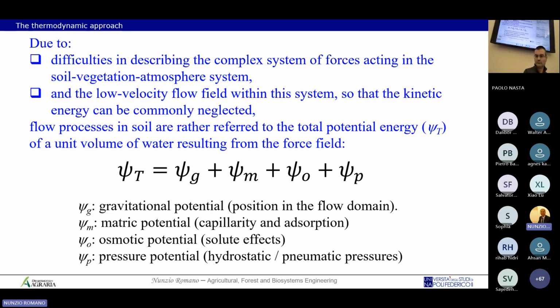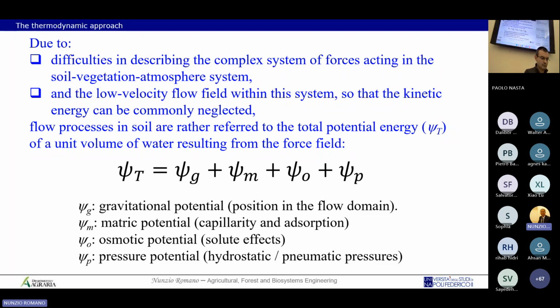So we can leave the kinetic energy out of most of our practical things in soil hydrology. There are other topics, for example, pumping groundwater issues and pumping, that you cannot neglect the kinetic energy.